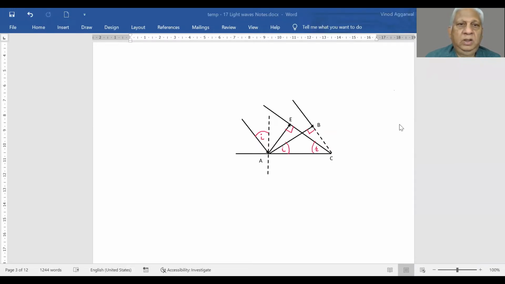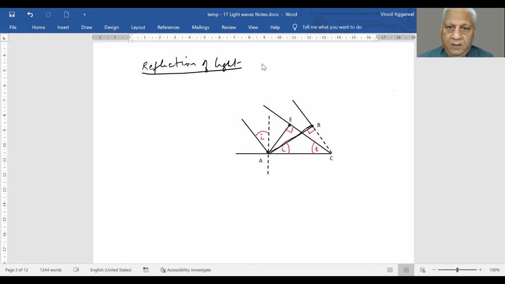Now let's see how the wavefront behaves in case of reflection of light. Let's take this wavefront AB coming parallelly. When it hits point A, it immediately returns back.